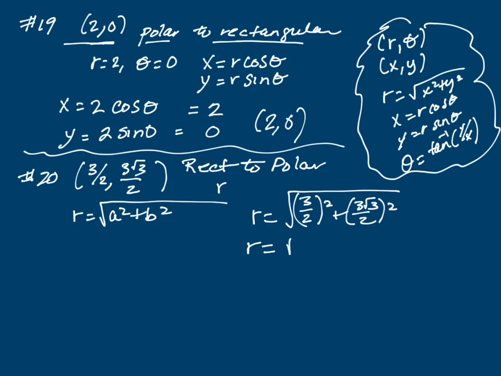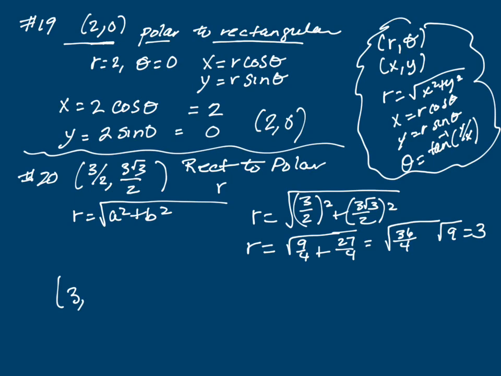So r is the square root of 9 fourths plus 27 over 4. So make sure you understand that and you take time to get it right. And so that's the square root of 36 over 4, which is the square root of 9, which is 3. So we have r is 3, so one of our points is 3.